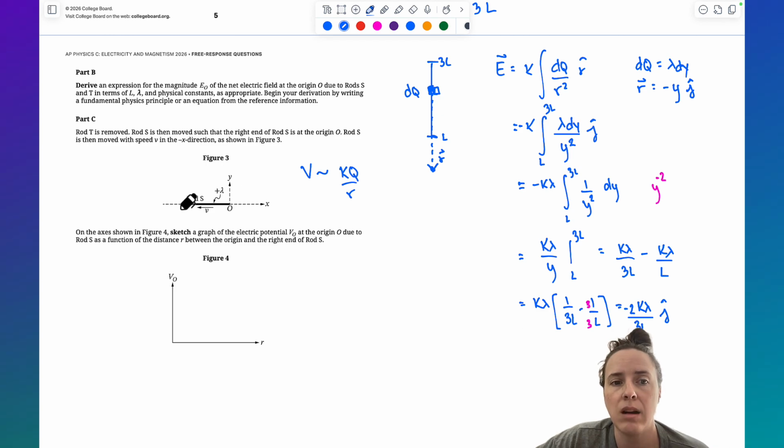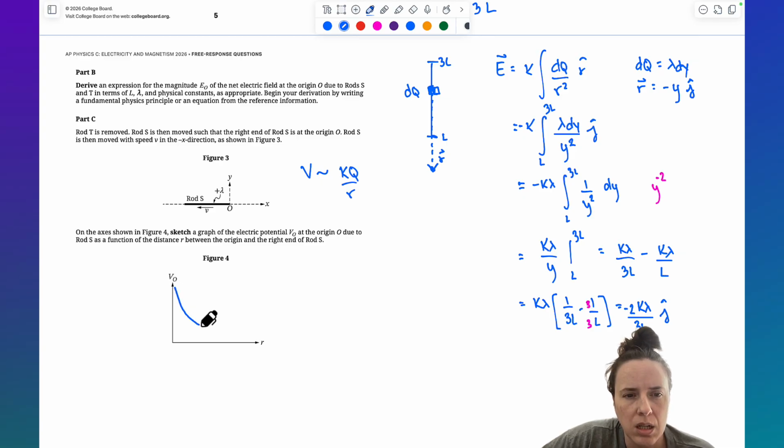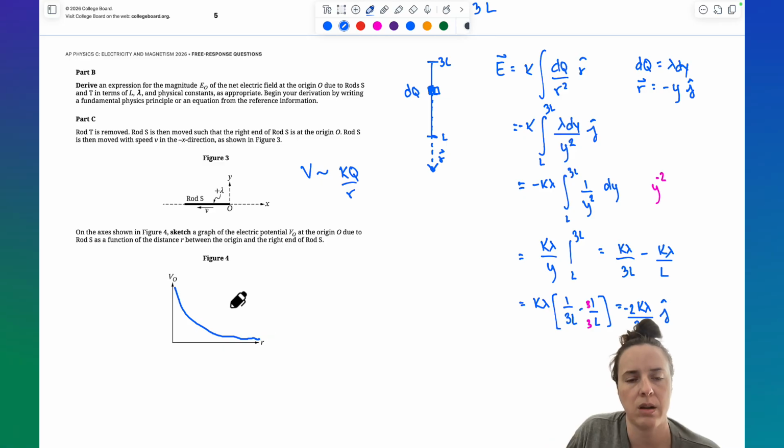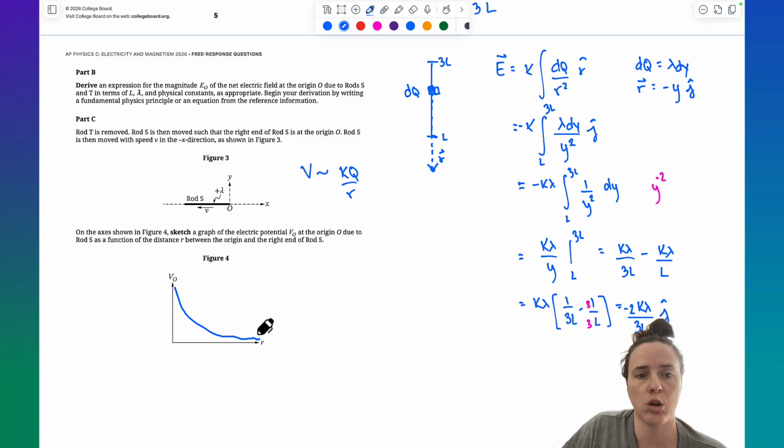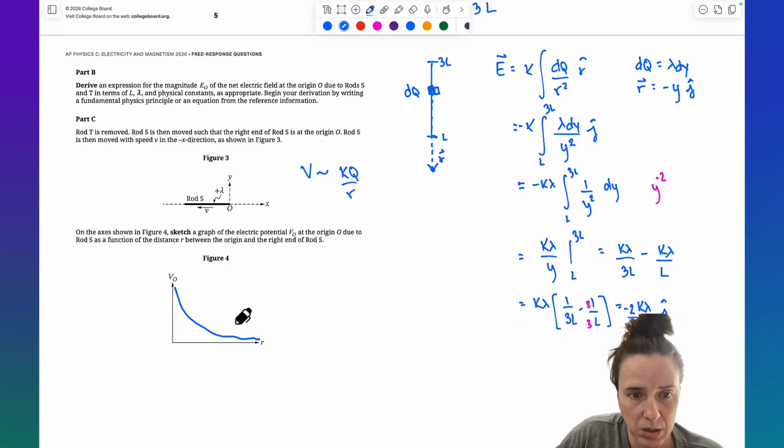And then as that rod gets further and further away, eventually it's going to go to 0 because it goes like 1 over r. So this should be a nice concave up asymptote down towards 0. That is a horrific looking curve, but you get my drift.